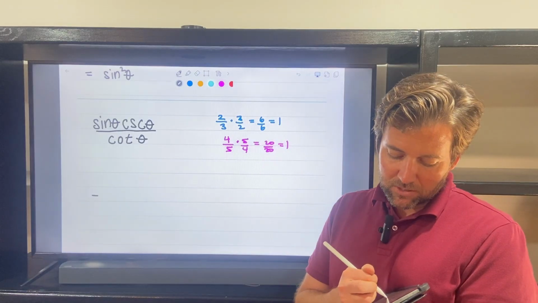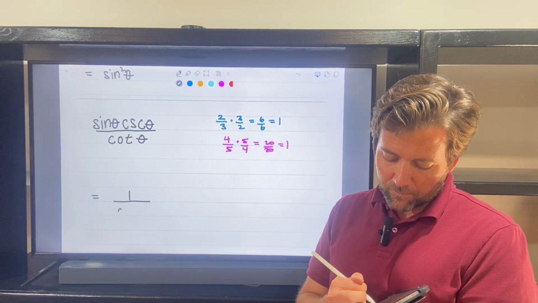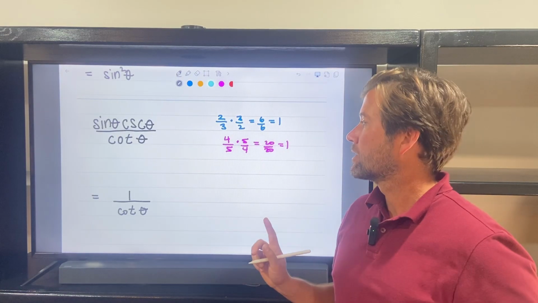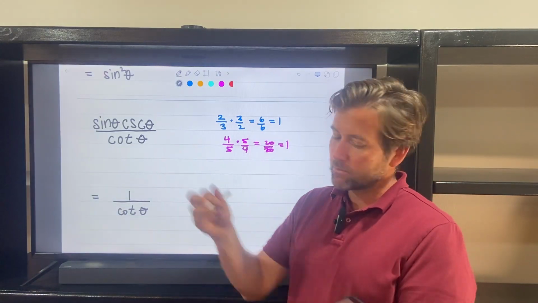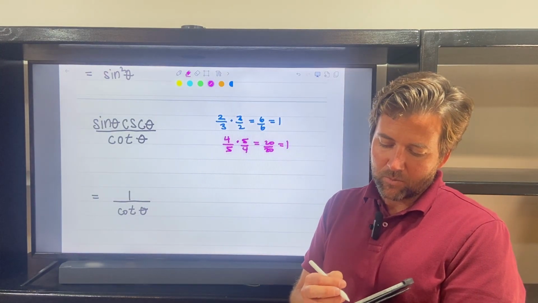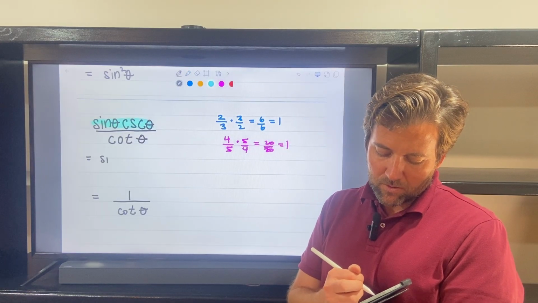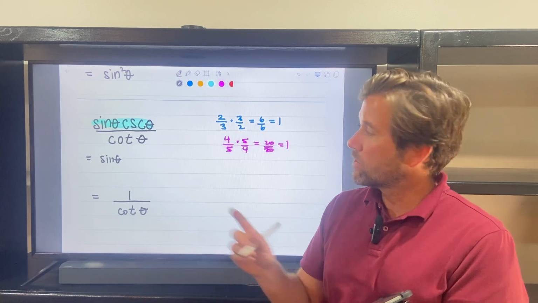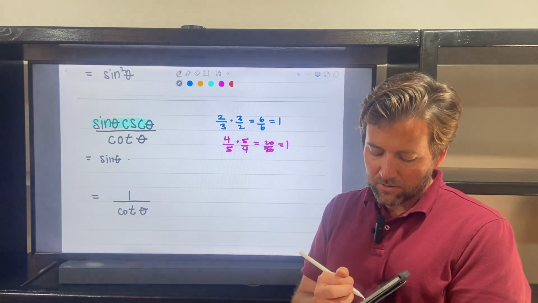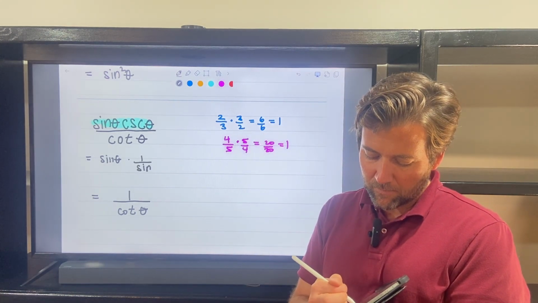I would love just to say it's 1 over cotangent of theta. But if you still aren't tracking what I'm saying, we take this numerator here. I hope you know that cosecant theta is the same thing as 1 over sine theta.